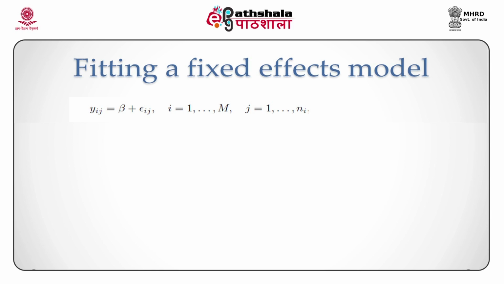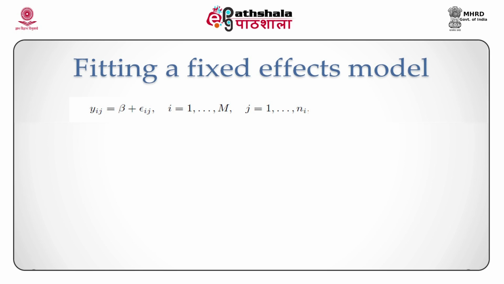Beta is the overall mean as well as the mean for each rail, the mean time taken to travel across each rail, and as I said before, we have ignored the fact that this time could vary with the rail. Epsilon_ij is a noise term, and we assume for the purpose of inference that epsilon_ij's are IID normal 0 and variance sigma squared.